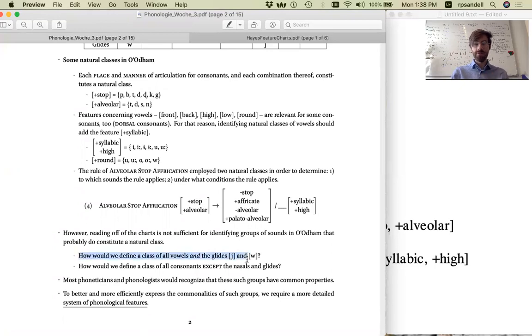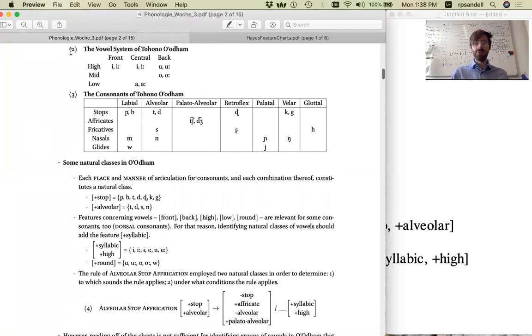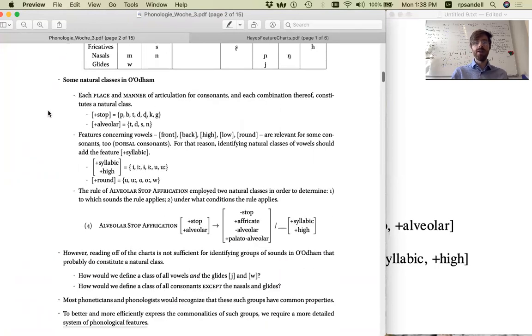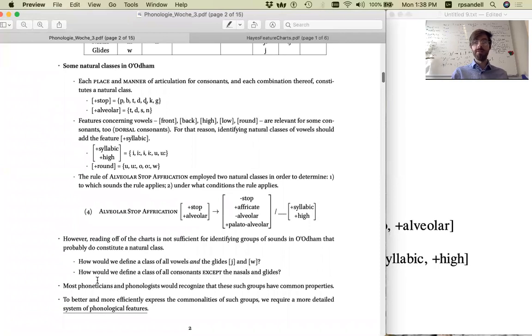And as far as, for instance, these 2 groups that we can't read directly off of the charts in 2 and 3, most phoneticians and phonologists would agree that these groups that we talked about here, so all vowels plus glides, or all consonants with the exception of nasals and glides, have some common properties. We need to develop some terms to define how those sounds should belong together.